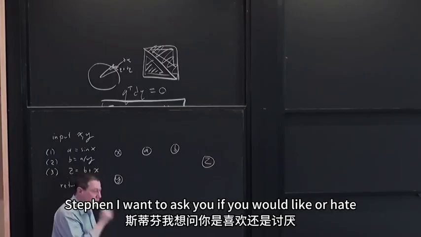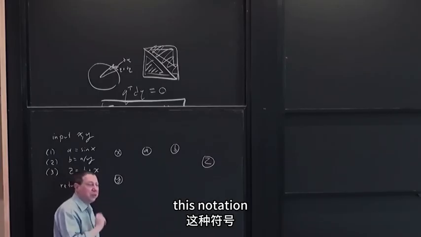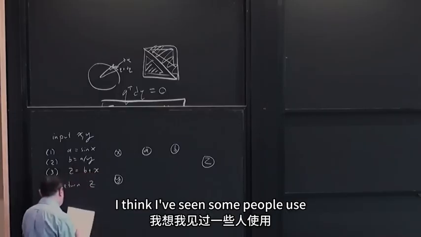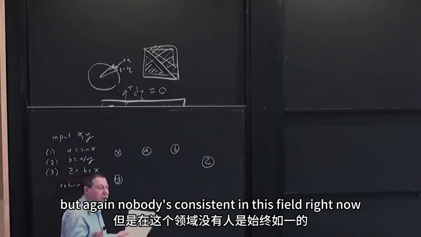And Stephen, I want to ask you if you would like or hate this notation, a notation that I've seen some people use, but again, nobody's consistent in this field right now.